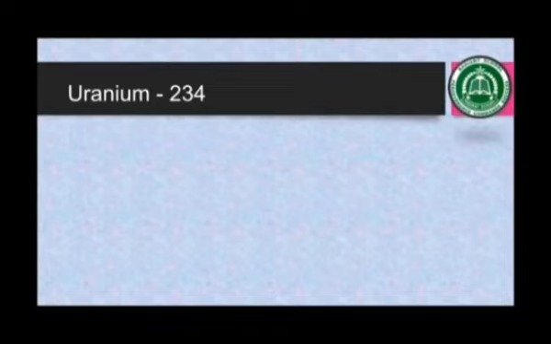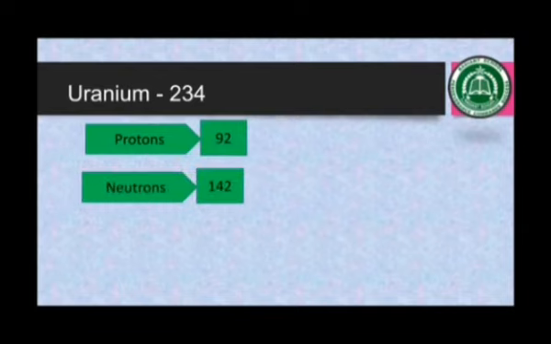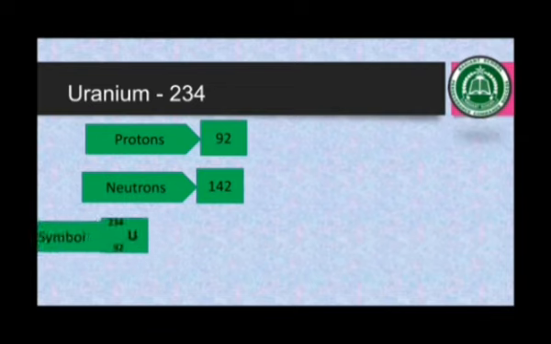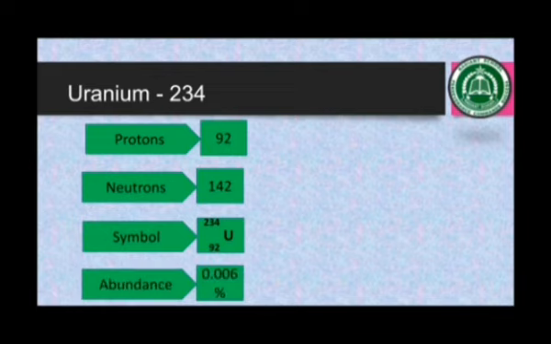Friends, the first isotope of uranium is uranium-234. It has 92 protons and 142 neutrons inside the nucleus, and the symbol for uranium-234 is U 234 92, and the abundance of uranium-234 is 0.006%.